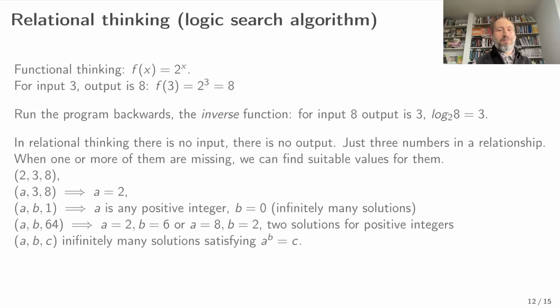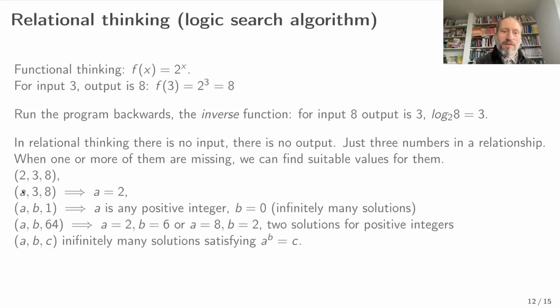Now in relational thinking, we get rid of this input-output thinking. We say that we just have 3 numbers in a certain relationship. The way we do programming is that if one or more of them are missing, the computer can automatically find suitable values for them. In the case of 2, 3, 8, nothing is missing, so there is nothing to be found.